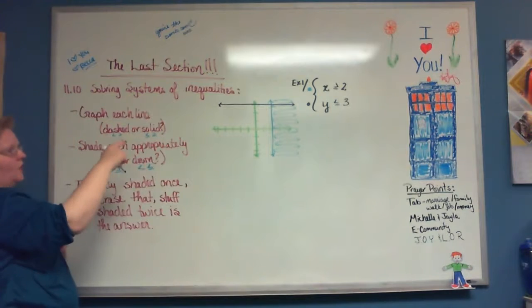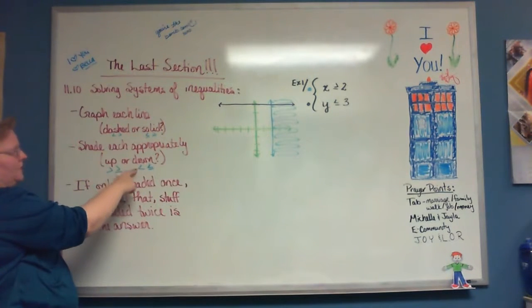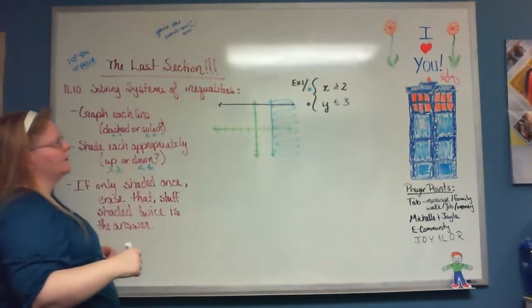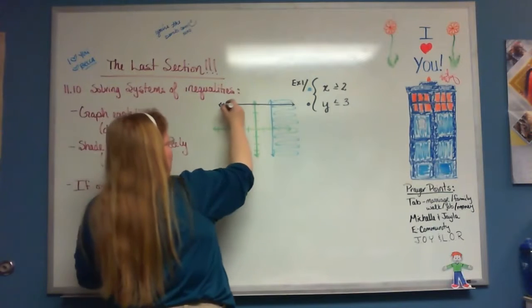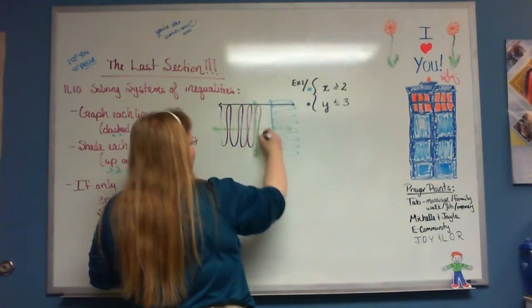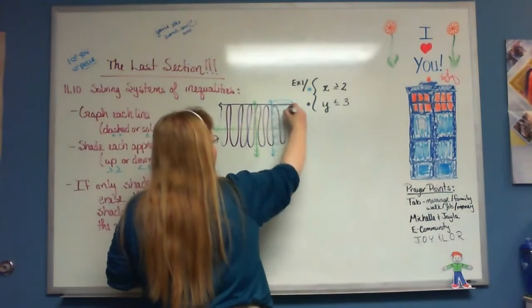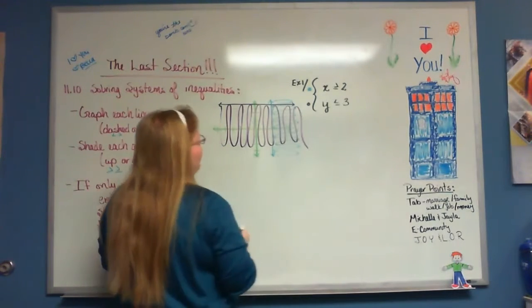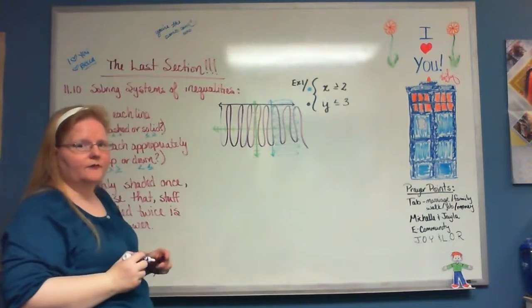And it says y is less than or equal to. Less than or equal to means I shade down. So I'm going to have to shade below that line. Anything that ends up being below that line gets shaded.